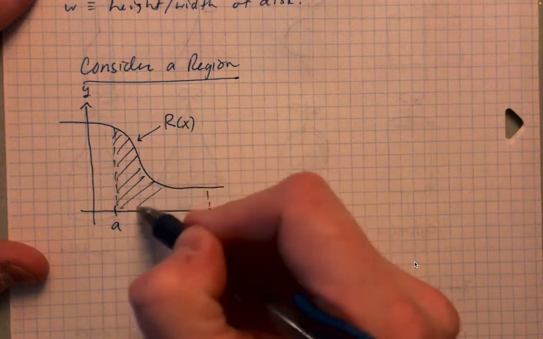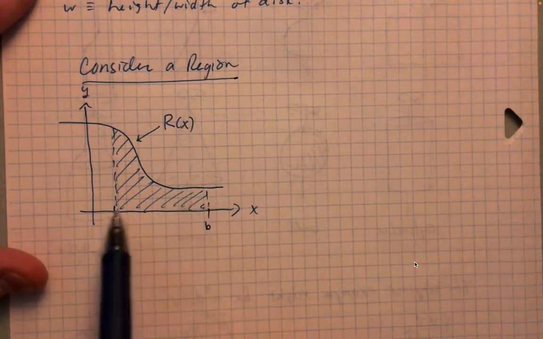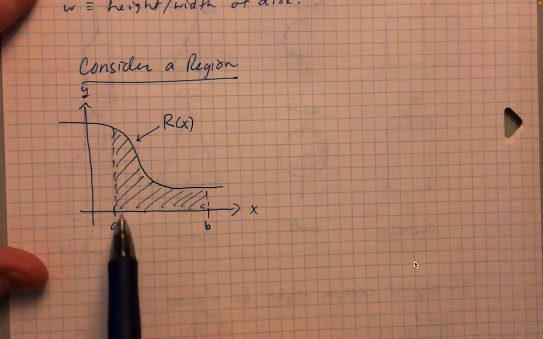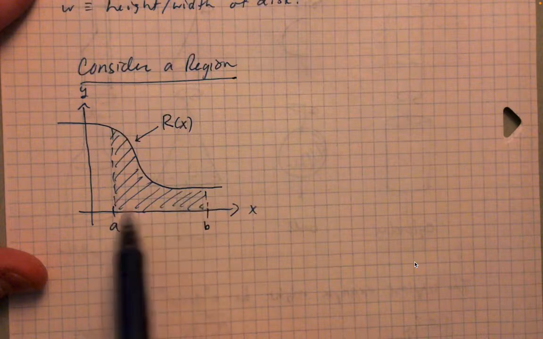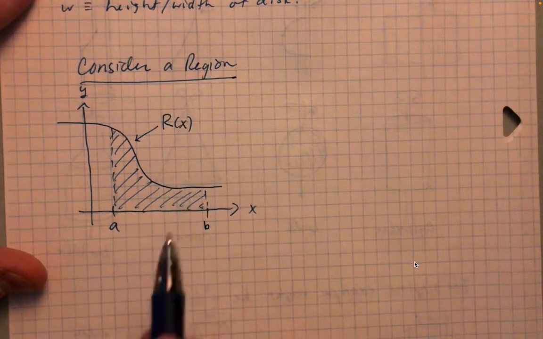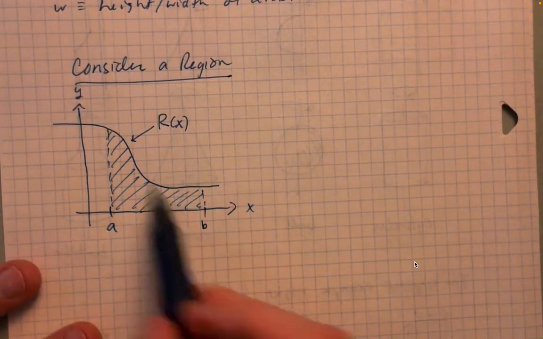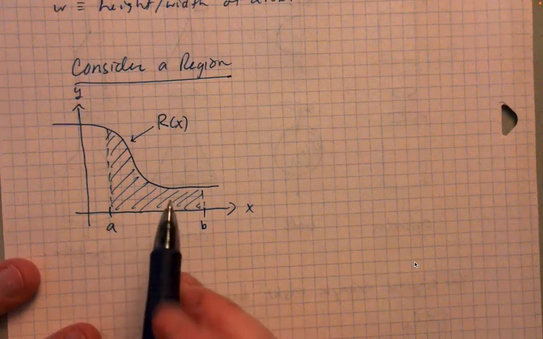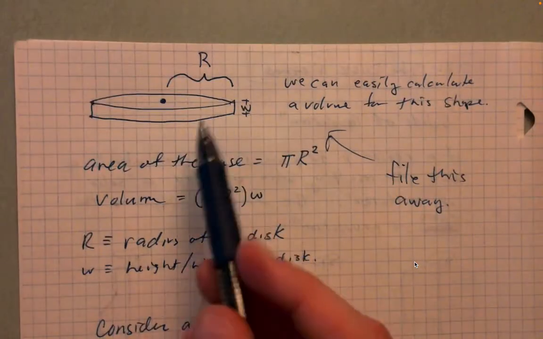And so normally if we were to integrate here, what we would end up with is the area of this region between A and B, underneath r and above the x-axis, right? So we would get an area here. And this area that we would calculate is kind of like the area of the base that we saw in the previous example.